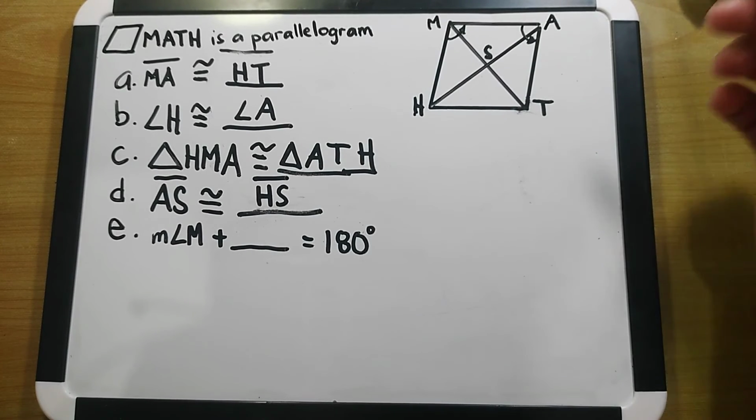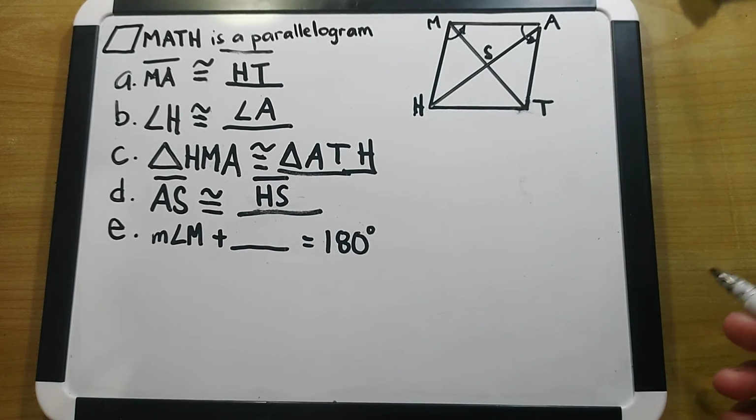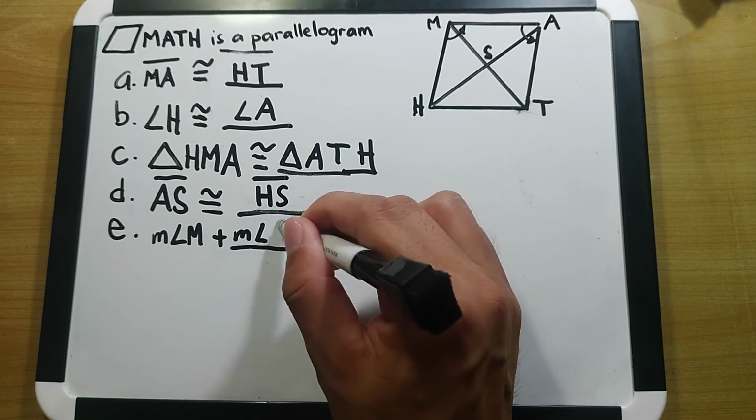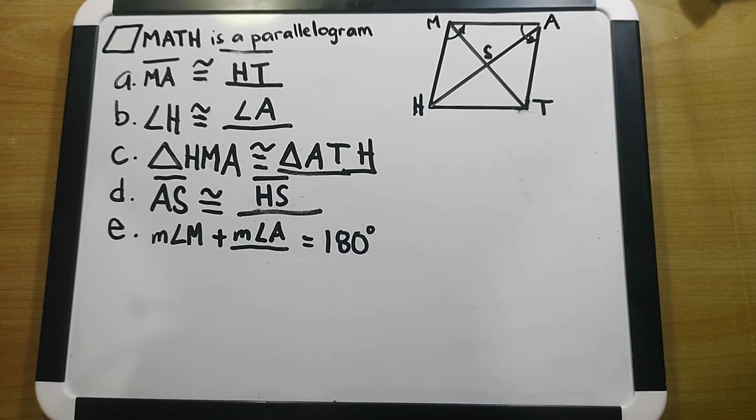Angle A is the one consecutive to angle M. So the answer is angle A. The measure of angle M plus the measure of angle A is equal to 180 degrees. Any two consecutive angles are supplementary.